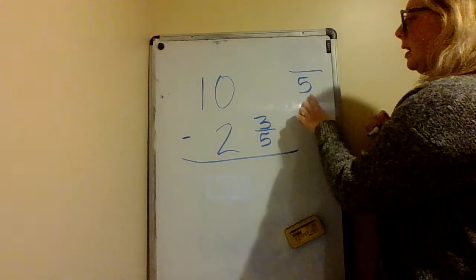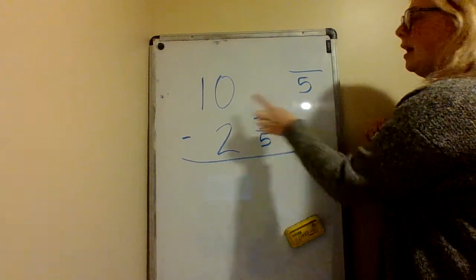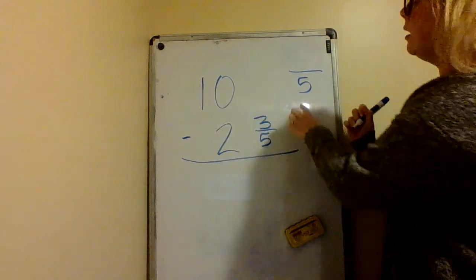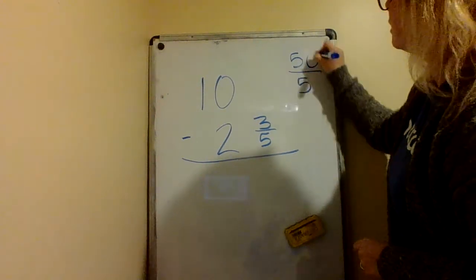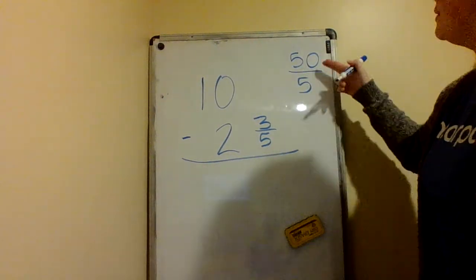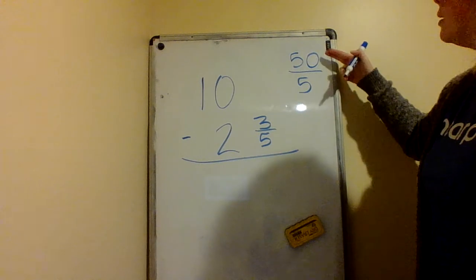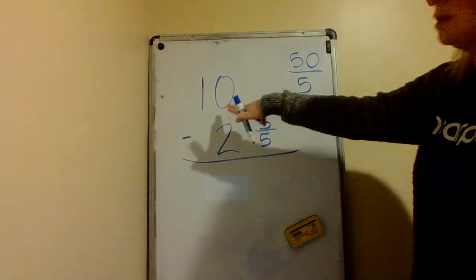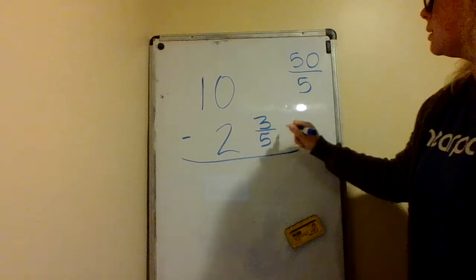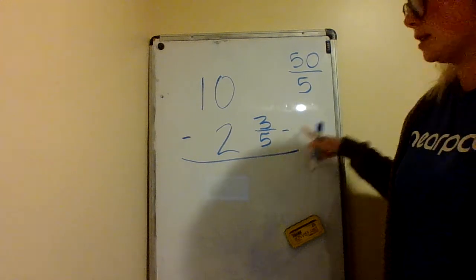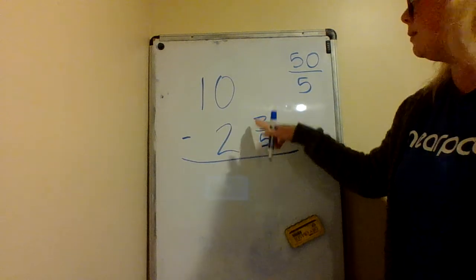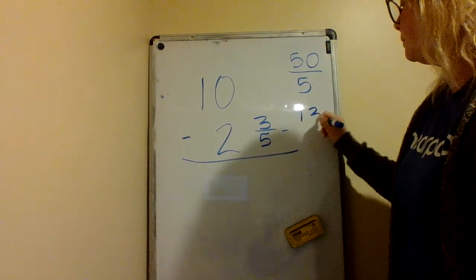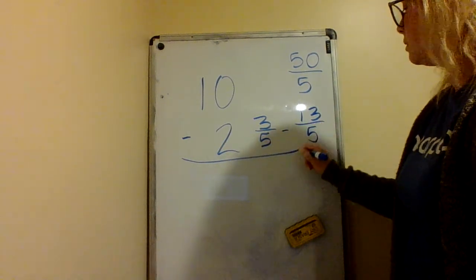And then I have to think something divided by 5 would get me 10, or 5 times 10, which is 50. Okay, so we have 50 fifths, or 50 divided by 5 gets us our 10. And then we make this mixed number into an improper fraction. 5 times 2 is 10 plus 3, 13 fifths.